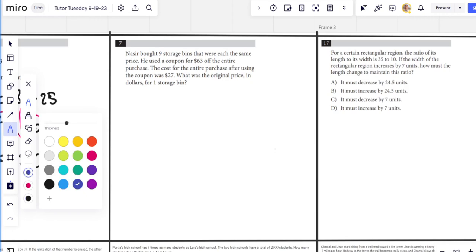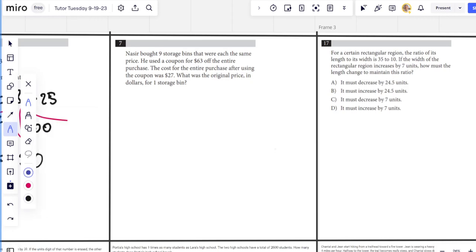I mean, not too bad, right? We can find the original price using the discounted price plus the amount on the coupon. So let me write it like this. Original price is 27 plus 63. That's going to be exactly $90.